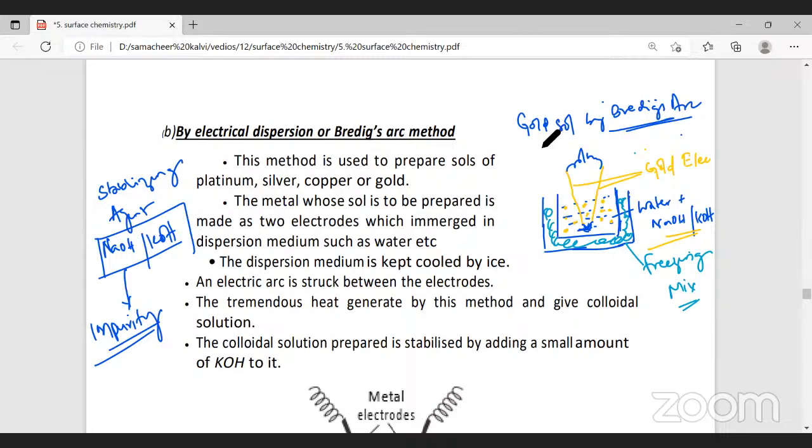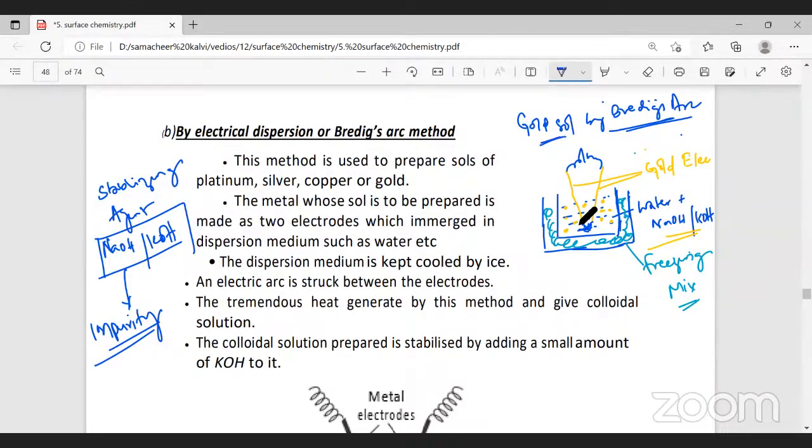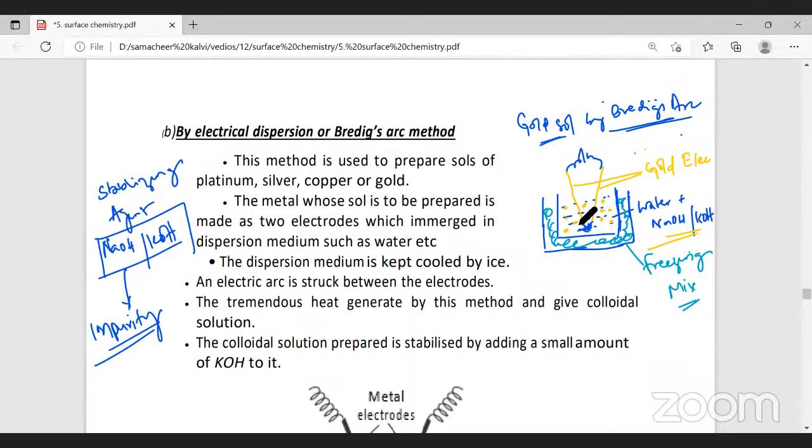Not only gold sol, any other metal sols, platinum, silver, copper, also can be prepared like this. The metal whose sol is to be prepared is made into two electrodes, which are immersed in a dispersion medium such as water. The dispersion medium is kept cooled by ice, a freezing mixture.